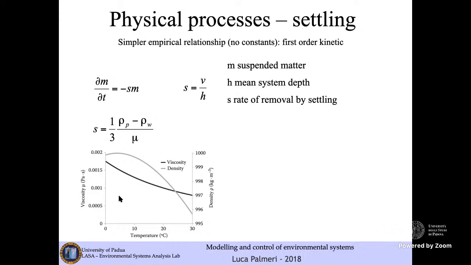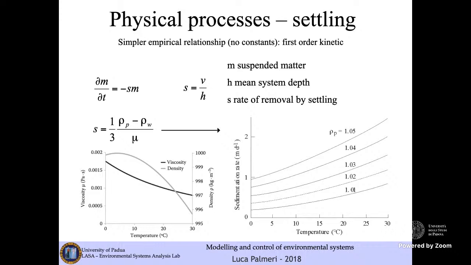So there is a kind of competing tendency of decreasing density of water and decreasing or increasing viscosity of water, so that we may obtain some kind of abacus or plots like this one, linking the settling rate S to the temperature.